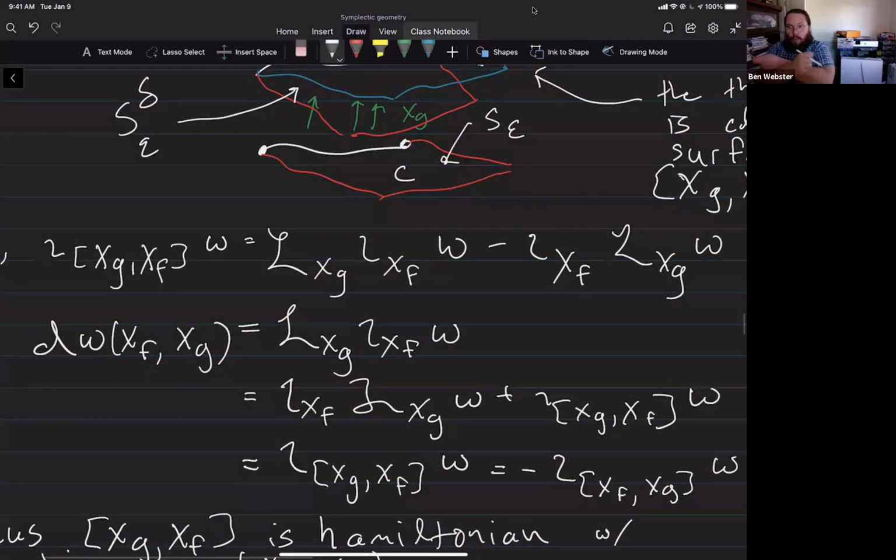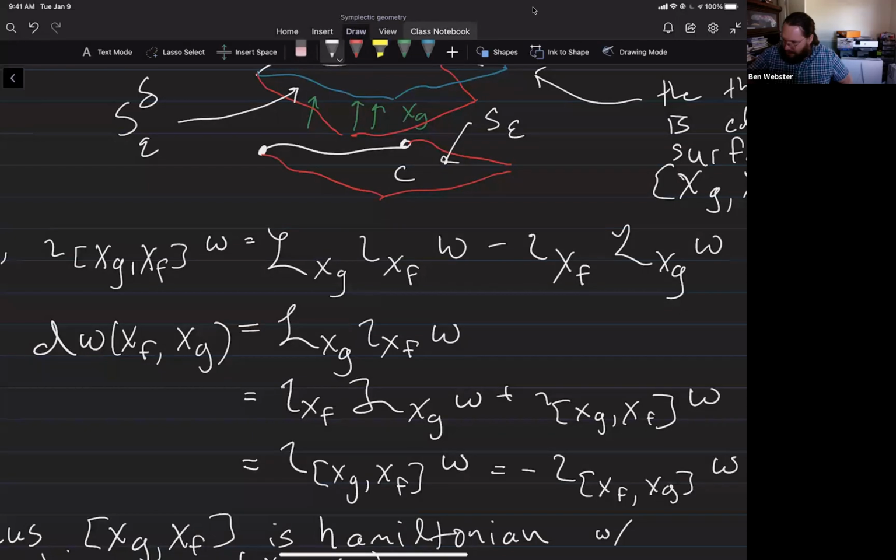I can swap these terms of doing contraction with respect to Xf and doing Lie derivative with respect to Xg, but at the cost of adding on a term, which is the contraction against the Lie bracket of Xg and Xf. And you have to be really careful about signs here. I don't think I've screwed them up, but you just have to check against Cannas da Silva and see what happens at the end.